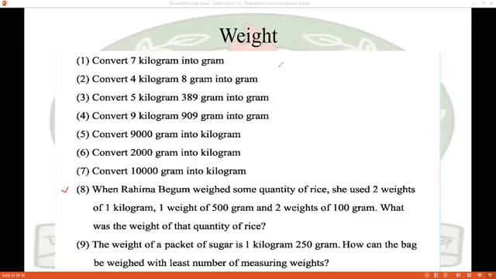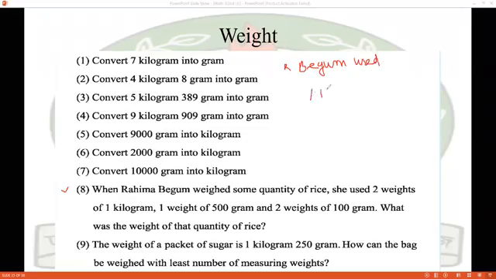Rahima Begum used 2 weights of 1 kilogram.